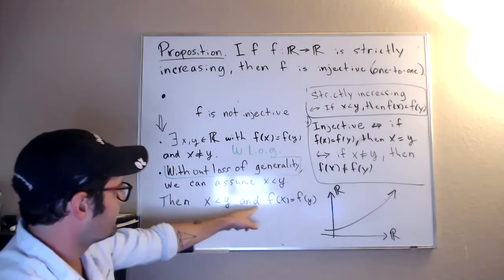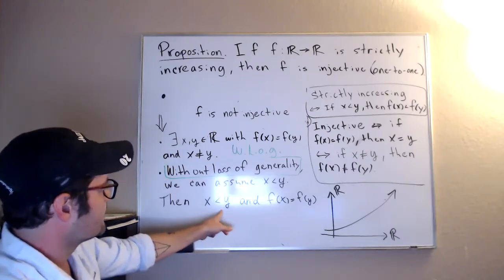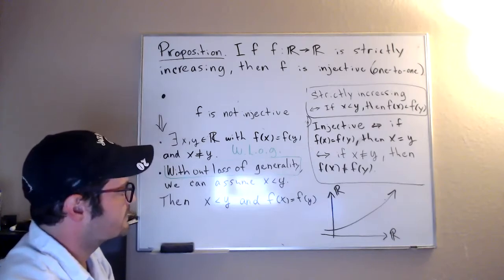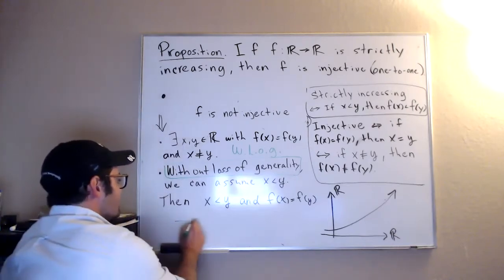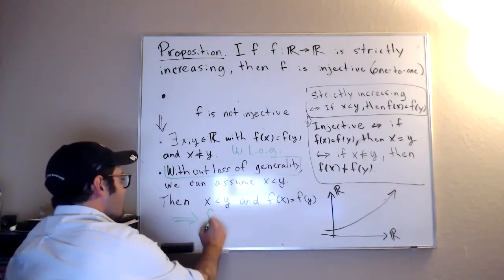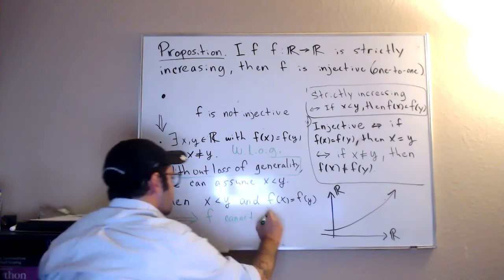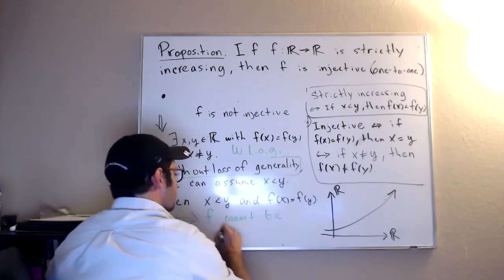And then we get to this, right? If x is less than y, and f of x is equal to f of y, this implies that f cannot be strictly increasing.